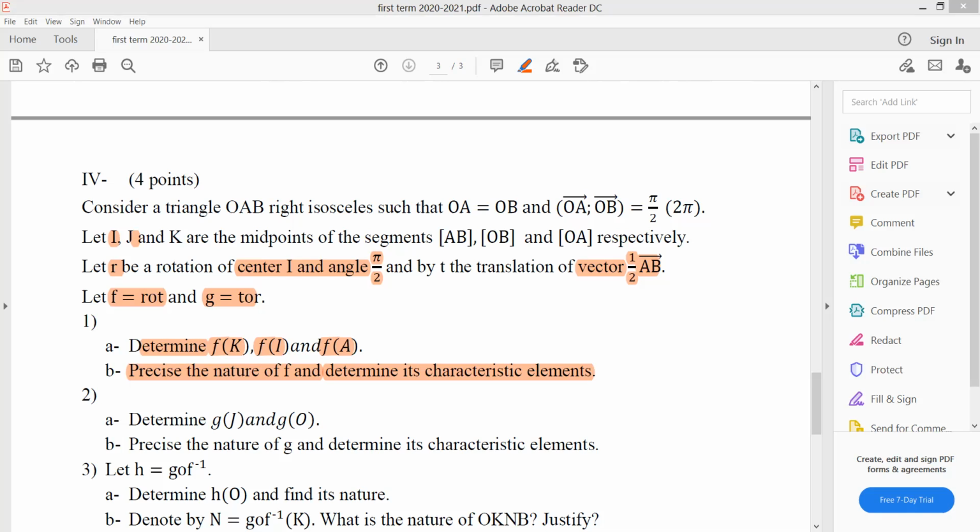F is a composite of a translation and a rotation. Then f is a rotation of angle pi over 2, but f of k equals k, then f is a rotation with center k and angle pi over 2. Half point.